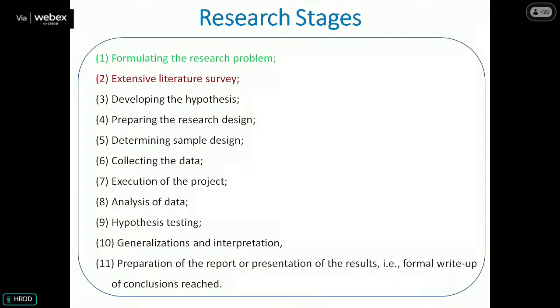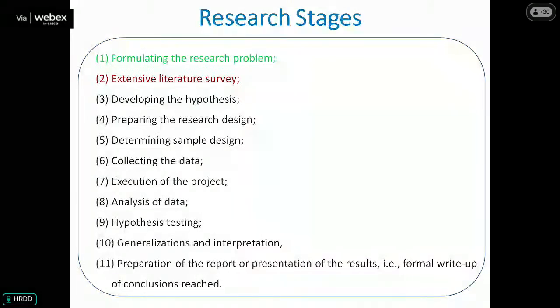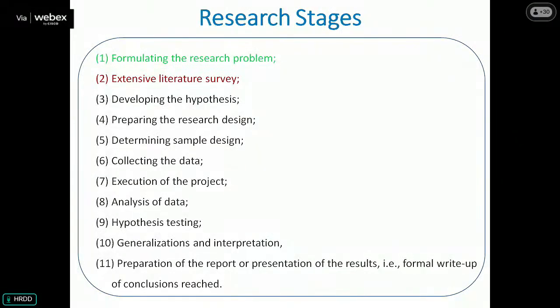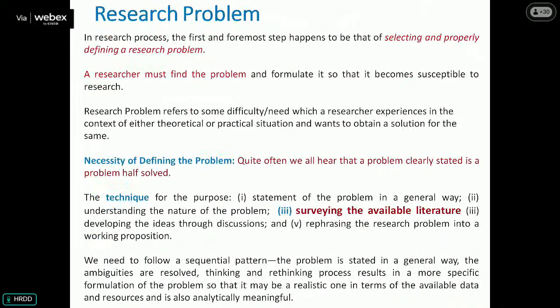Although, as I told, during the research process, nothing is bordered by a distinct boundary. They are interrelated. So it's not that once you have done and stated your problem or literature survey, it is done and you will not do it again; not like that. You have to continuously do it. So you come back and forth like that. So now you go into extensive literature survey.